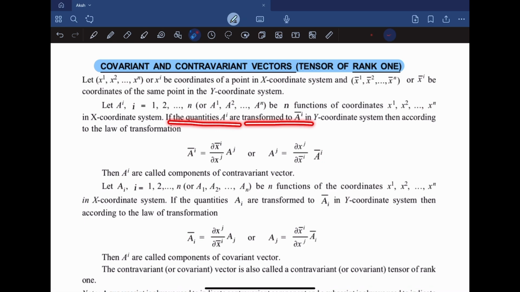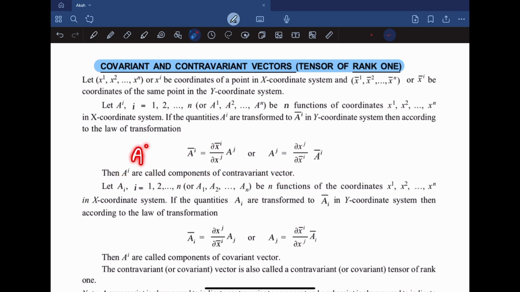If the quantities a^i are transformed in the y coordinate system, then according to the law of transformation it can be written as a bar^i equals del x bar i upon del x j times a^j, or a^j equals this. A^i are called components of contravariant vectors.